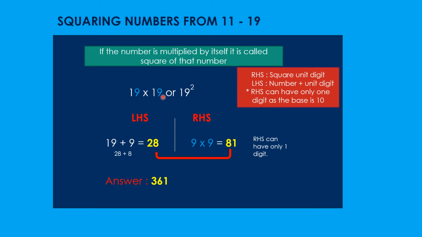The digit at the unit place is 9. 9 times 9 is 81. Again RHS can have only one digit, and here we have two digits, 81. So 8 we transfer to the LHS side. 28 plus 8 gives you 36, and you bring your RHS and LHS together to get the final answer, 361.